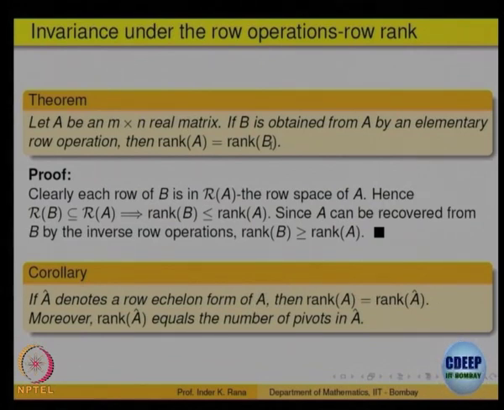So, these non-zero rows will form a basis for the row space of the row echelon form, because they are linearly independent, these are the only rows available which are independent. So, what is the row rank of the row echelon form? That is the number of non-zero rows, right, and that is what we have defined as the rank.